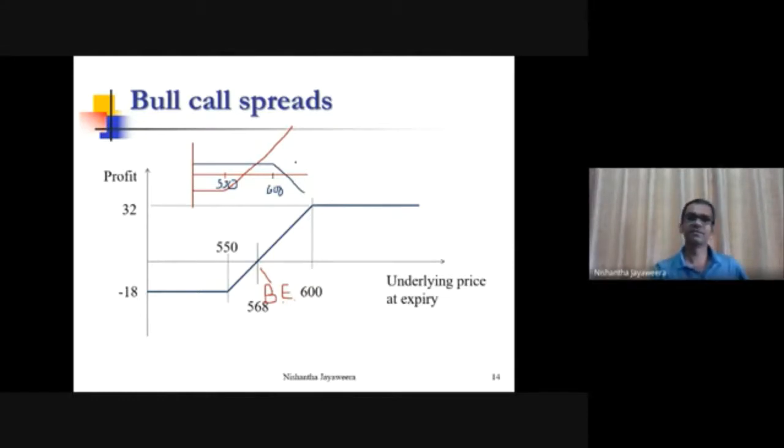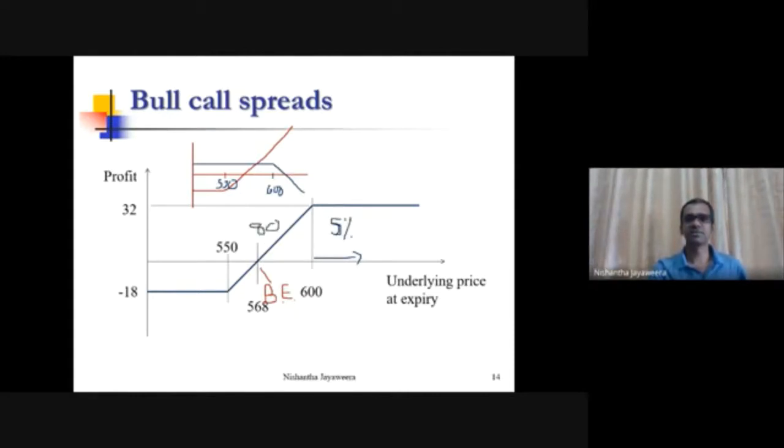Your view is the chances of going beyond this is say 5%, according to your calculation. Remain here maybe 80%. The rest 15% may be here, or maybe 5% here, 15% here, or whatever.